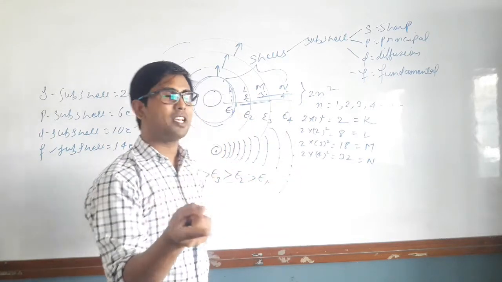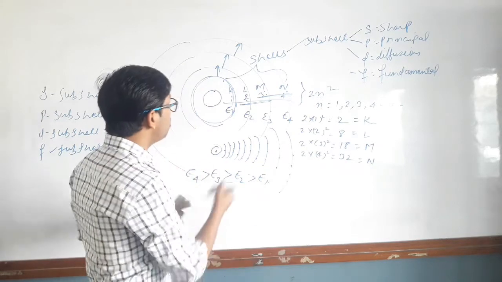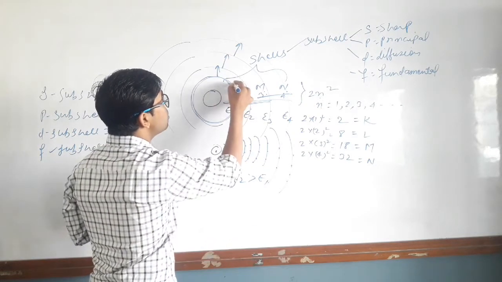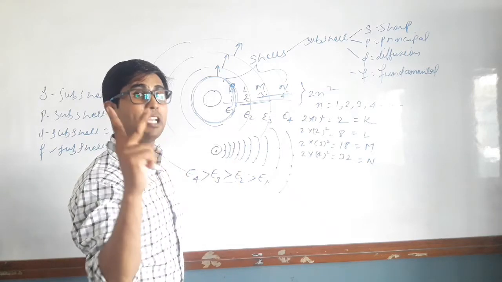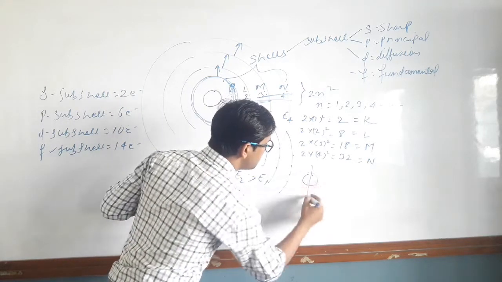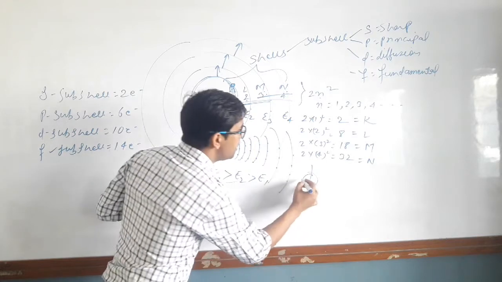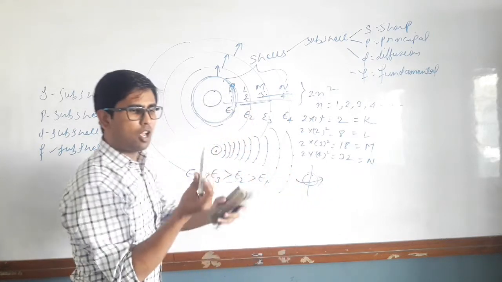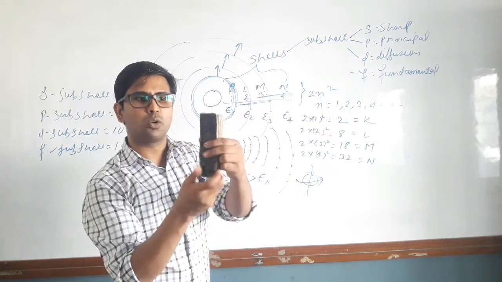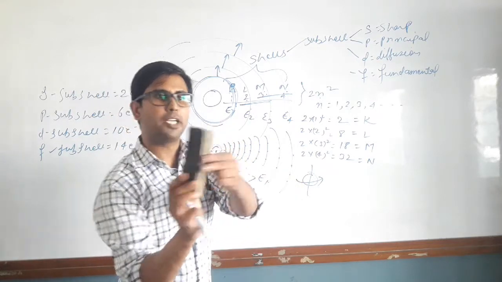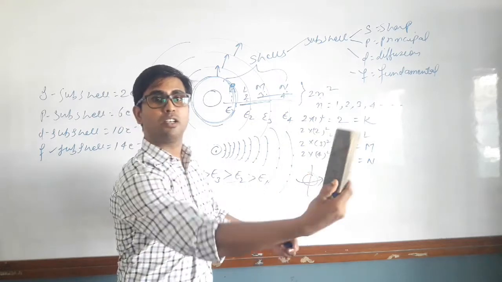So in just the same way, all electrons not only revolve around the nucleus but also spin on their own axis. There are 2 types of motion executed by an electron. This is an electron, this is an electron. It not only spins about its own axis, but it also revolves around the orbit.